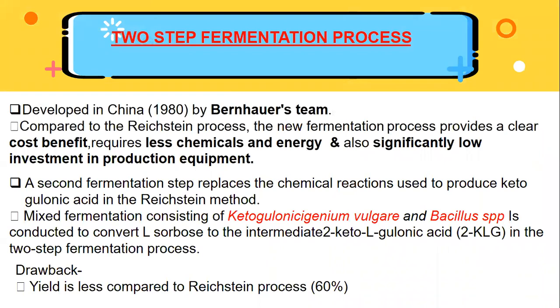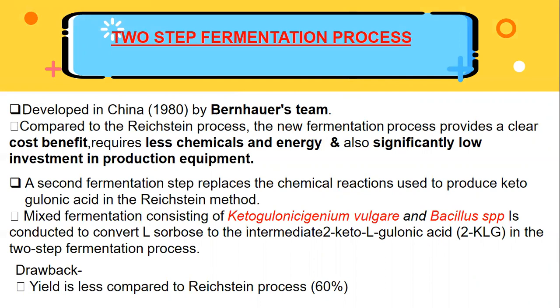The second process used in vitamin C production is the two-step fermentation process. This was developed in China. Compared to the Reichstein process, it has advantages: it is less costly, less chemicals and energy are required, and there is even low investment in production equipment.